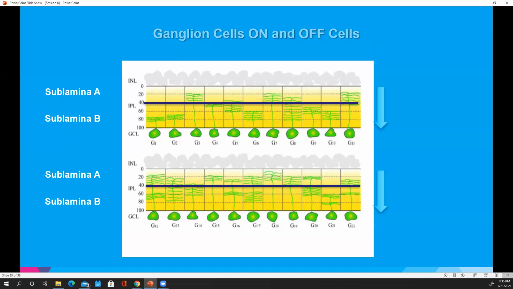Okay, so here's one. I'm going to say this is a really small dendritic tree. It's in sublamina S3, S4, S5, and so this makes it an on cell.